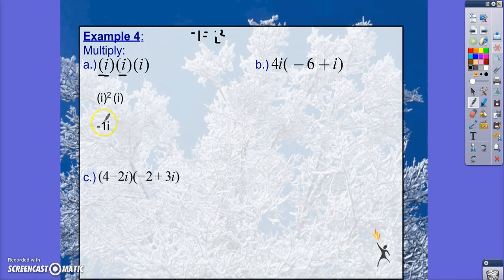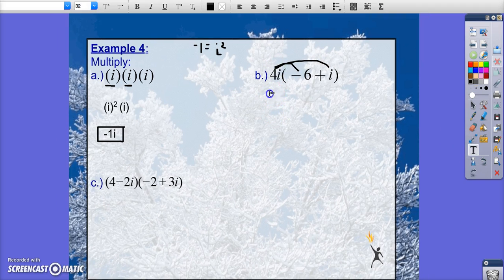So in this part of the lesson, we're taking a look at the fact that i squared equals negative 1. Here we'll distribute 4i to both. So I get negative 24i plus 4i. Don't forget this is a square. And if we rewrite it, we're going to take the i squared and change it to negative 1.